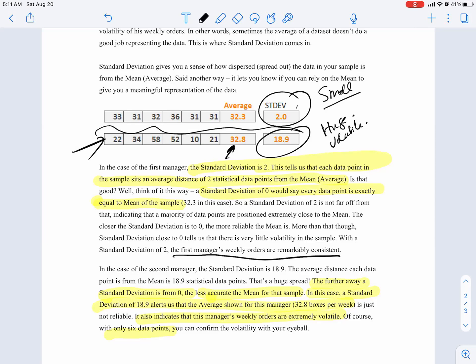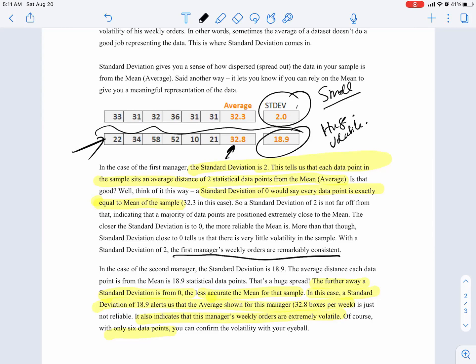Now, if I was manager 2 and I did not look at the standard deviation, and I just went ahead and ordered 33 boxes the next week, I'd be in deep trouble. By looking at the standard deviation, I figured out that my data was volatile or pretty much spread out.